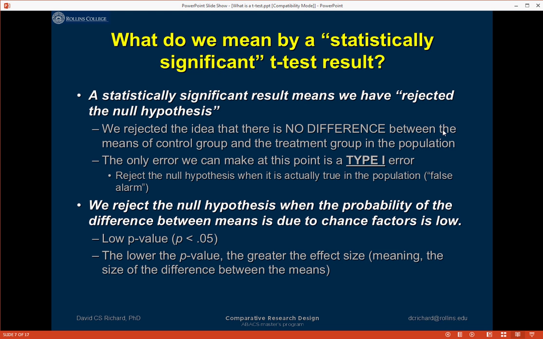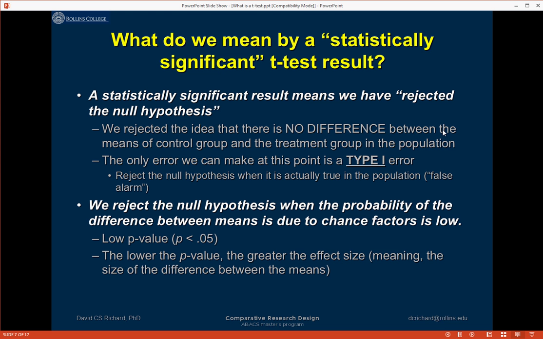What's happening to the size of this effect? Bigger and bigger. So as we get stronger and stronger treatment effects, we typically see lower and lower p-values, and vice versa. As that p-value gets lower and lower, the treatment effect is going to be higher and higher. Corresponding, and you can do the inverse too. The closer the mean of the treatment is to the mean of the control group, the smaller the effect size.